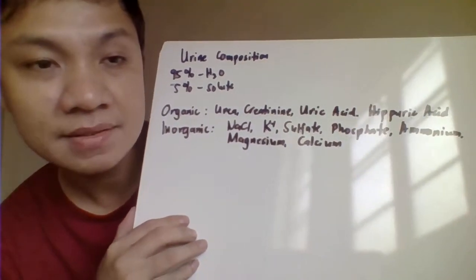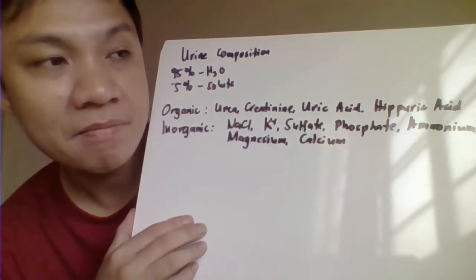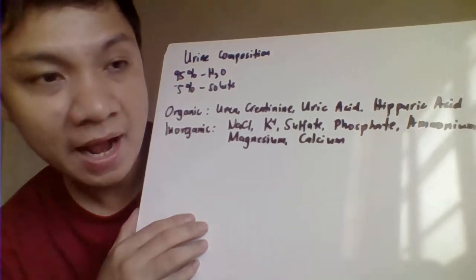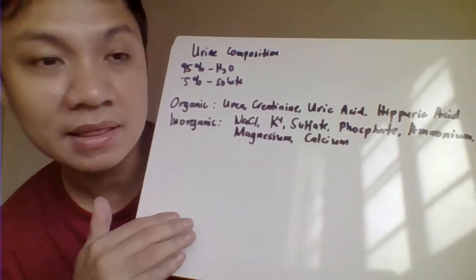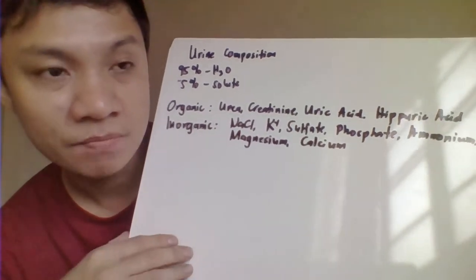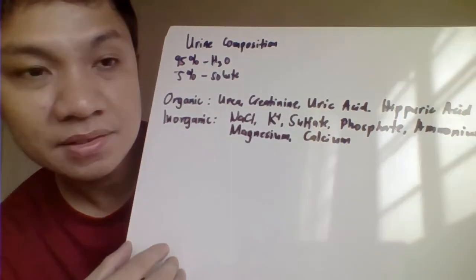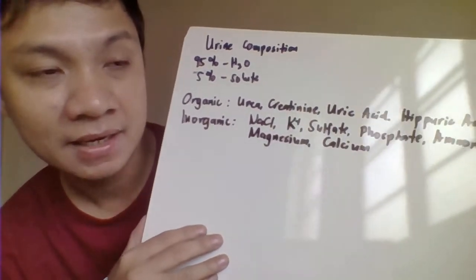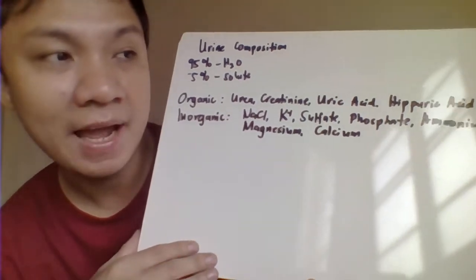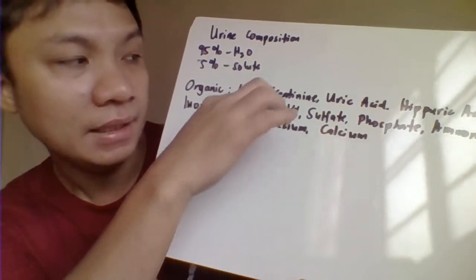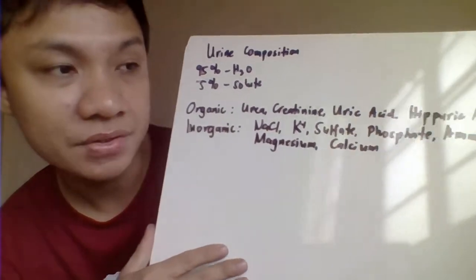Again, urea is the major product of protein catabolism, followed by creatinine, uric acid, and hippuric acid, at decreasing concentrations. So the urea has the biggest portion of the organic solutes, constituting almost half of it.